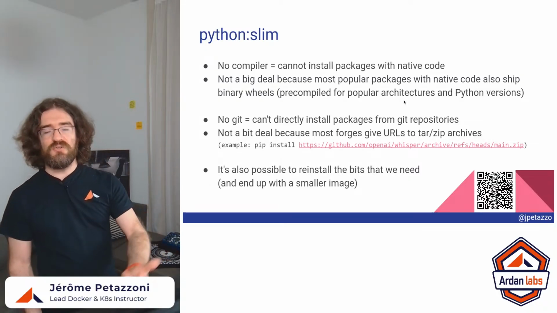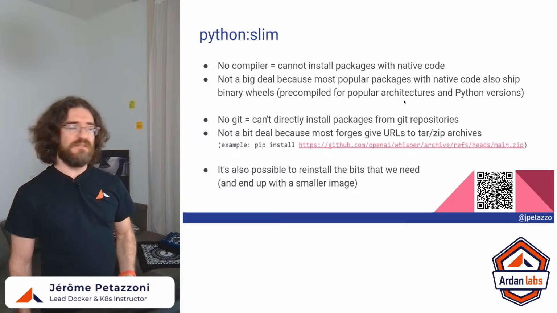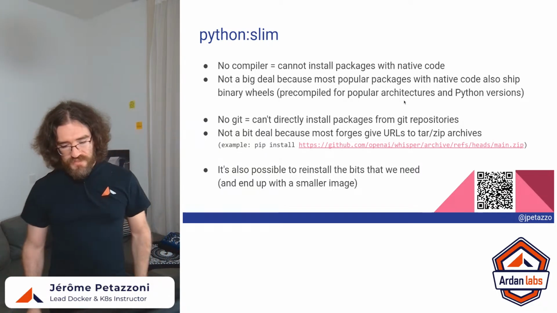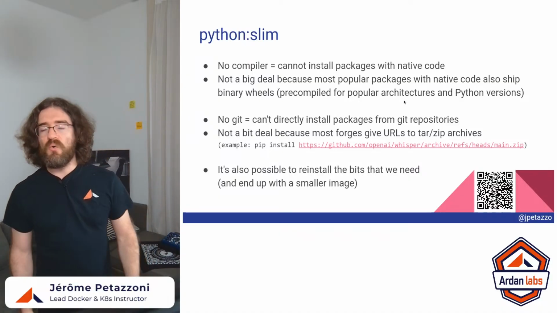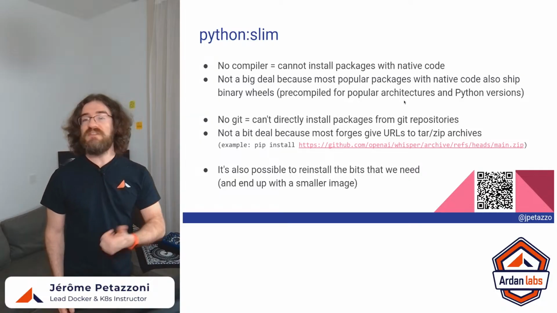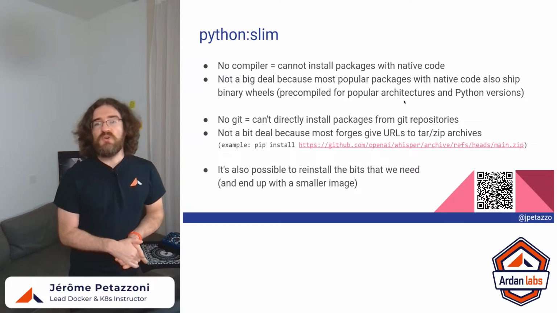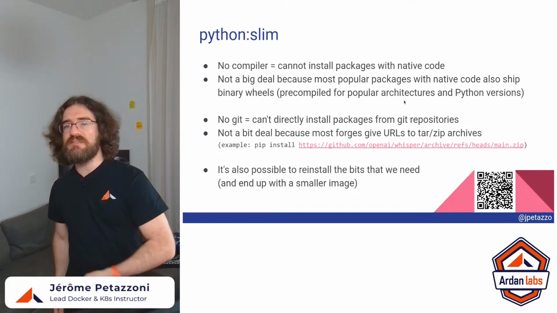Architecture here means Intel AMD 64 bits, or ARM 64 bits if you are on a Raspberry Pi, on an Apple Silicon chip, or on a Graviton instance on AWS.